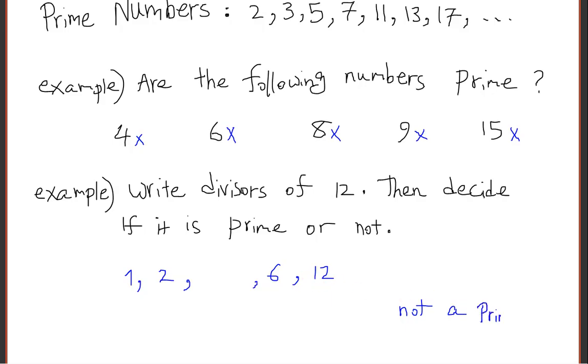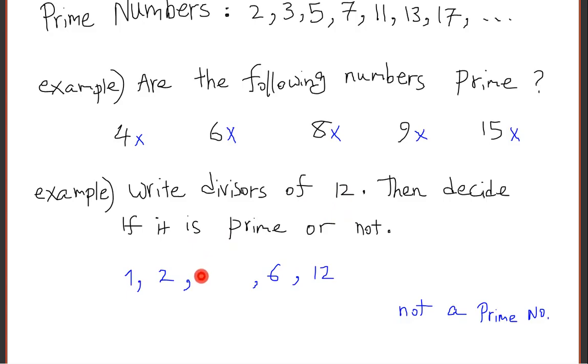You need to divide one by one. For example, 12 is divisible by 1, 12 is divisible by 2, and then we can check 3.